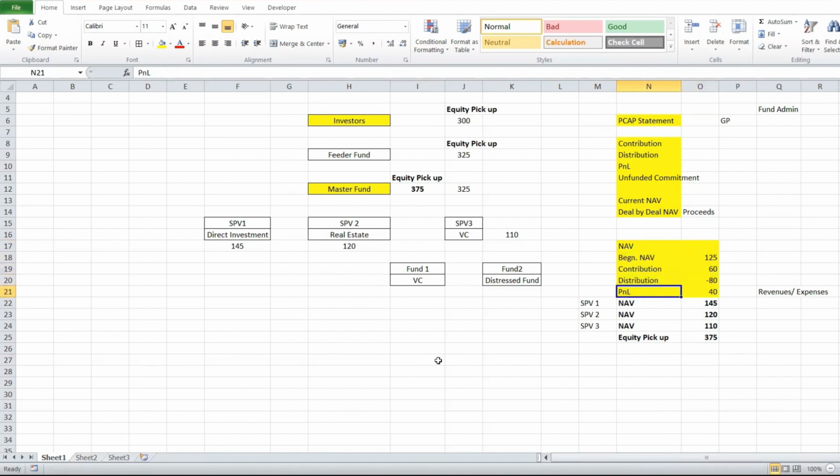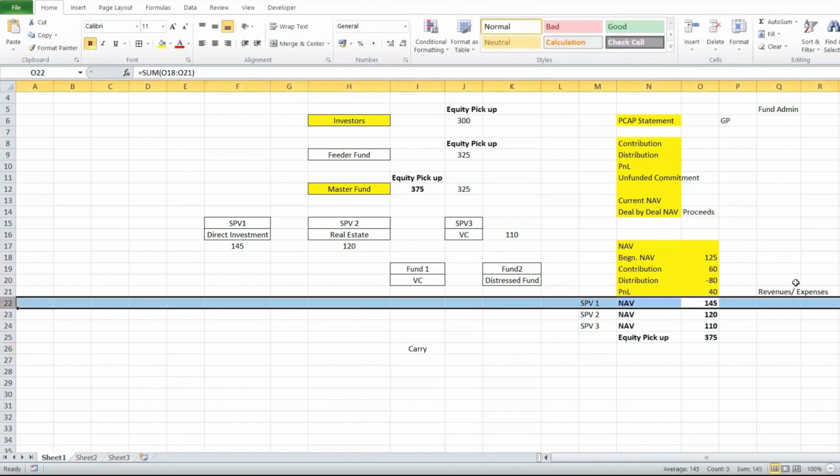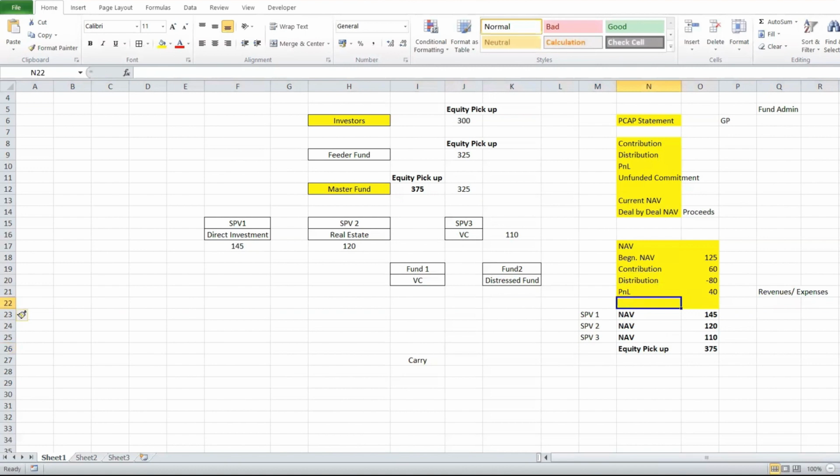In the PNL they will bifurcate this PNL. They will do the calculation of PNL, but they won't add the carry part. Here they will separately show you carry.